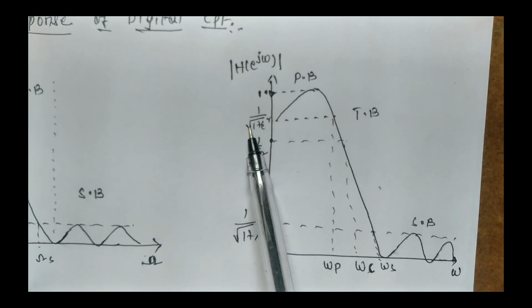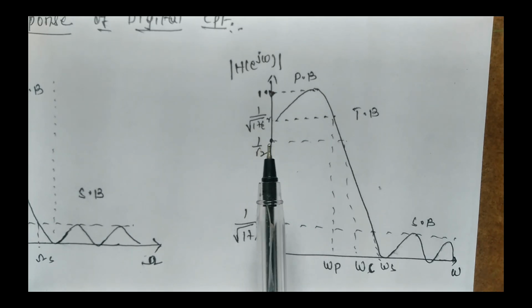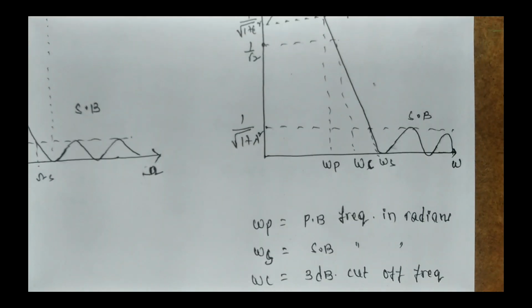This point is the maximum response, which I am indicating as 1 plus epsilon square, the maximum allowable in the pass band. Epsilon and lambda are the two parameters I am indicating. Epsilon is the parameter specifying the allowable pass band, and lambda is the parameter specifying the allowable stop band. So this is how to read the response.